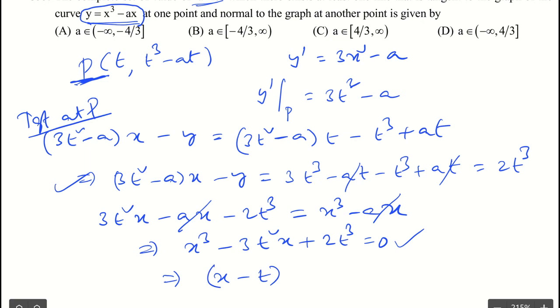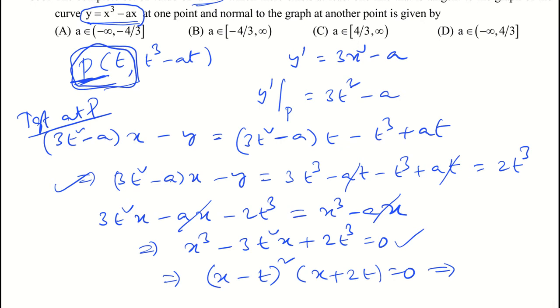I'll have x minus t whole square. Once you observe that t is a root, how to factorize and all that you know. So this is going to be x minus t whole square into x plus 2t is equal to 0. So x is equal to t means nothing but the point P only, x coordinate t there.